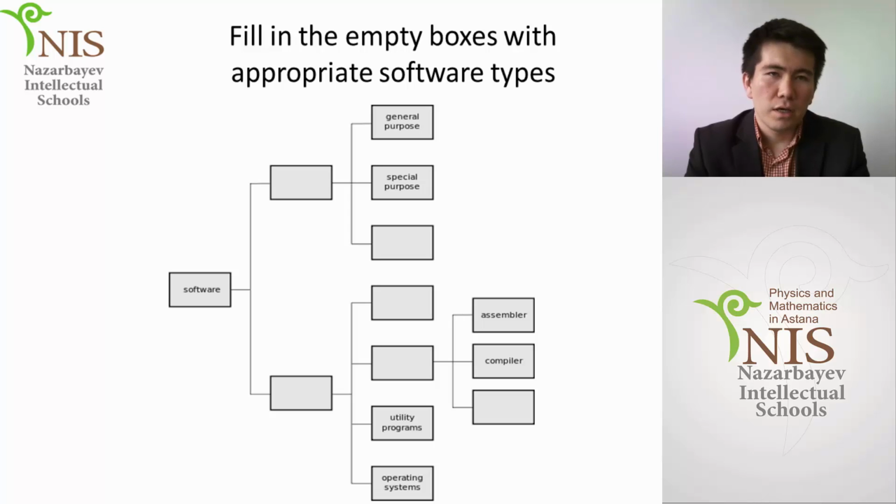So here another task for you, filling the empty boxes with appropriate software types. Here we have software, and we know that there are two main types of software, so you have to find out what types they are. And also these types can be divided into several types.